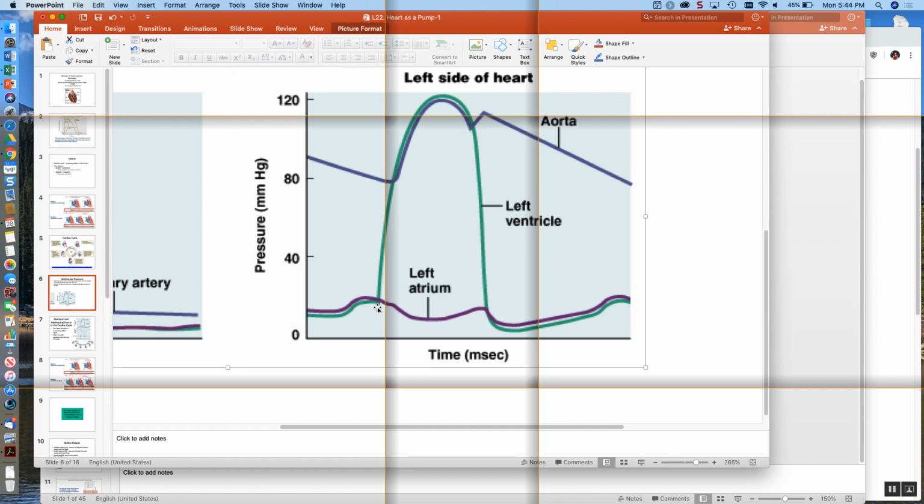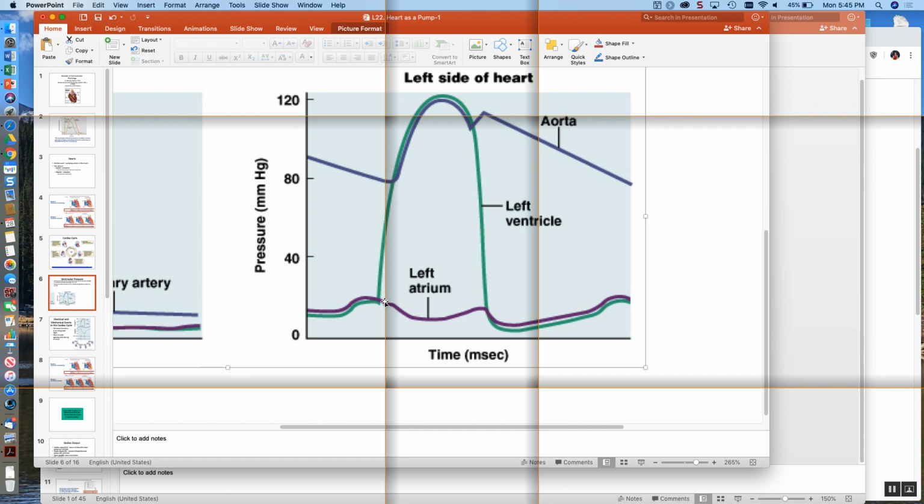Then the QRS occurs, and now this green line is going to go up. The electrical current sweeps through the ventricles, and now the ventricles start to contract. As soon as the pressure in the ventricle in green gets higher than the pressure in the atrium, that's when the AV valves shut, and that's responsible for the lub sound, the first heart sound.